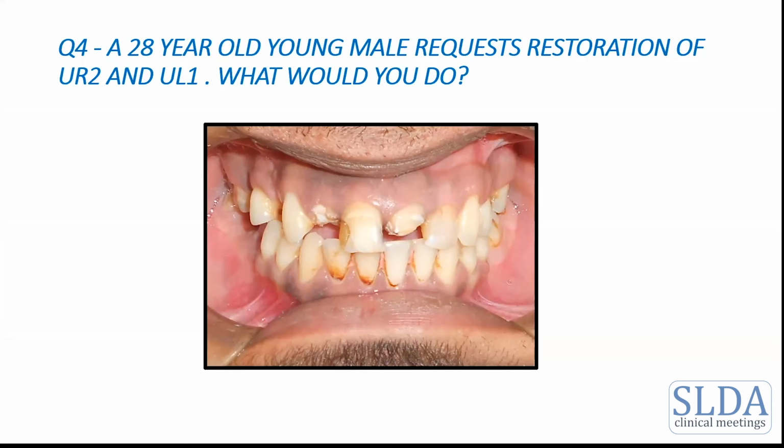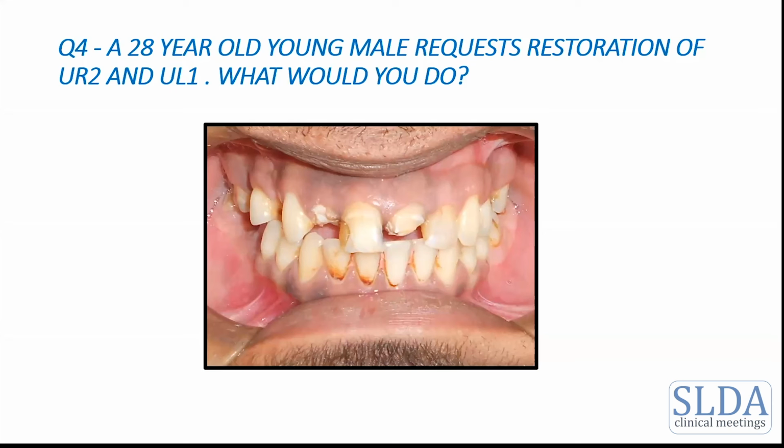He's partially dentate, and there are some stains, maybe betel stains or smoking stains. All these factors should be considered to provide proper coronal restorations to restore the aesthetics of this patient.